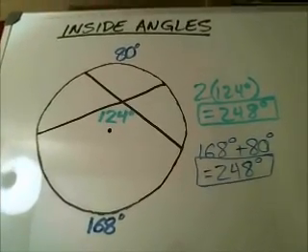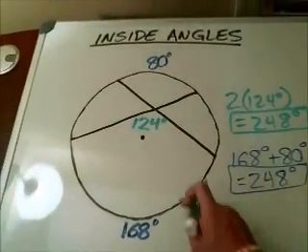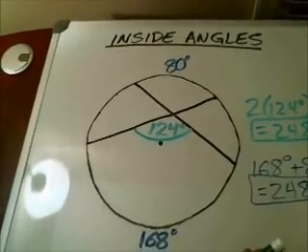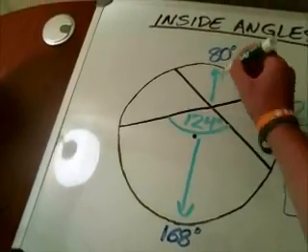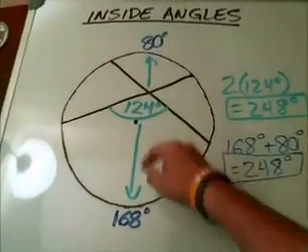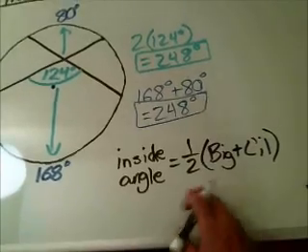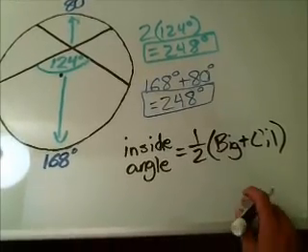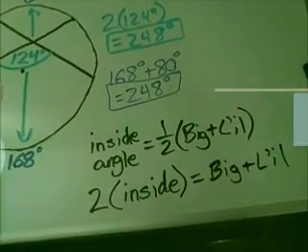It's going to work out that way every single time you have an inside angle. If you have this angle here, you can double it, and then you look at the two opposite arcs. If you add those two arcs together, you'll get the same thing as two of these angles. So we could turn that into a formula. Now this is the way that most folks are going to teach it to you, but I like to do it a little bit differently. And it's going to work that way every single time.